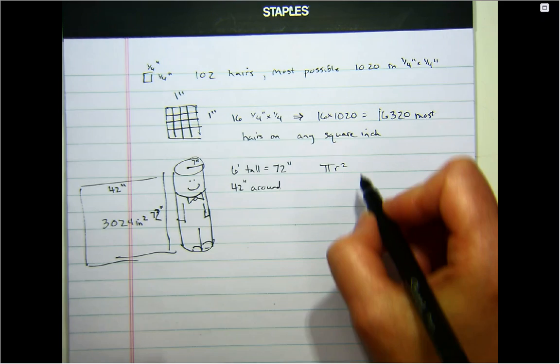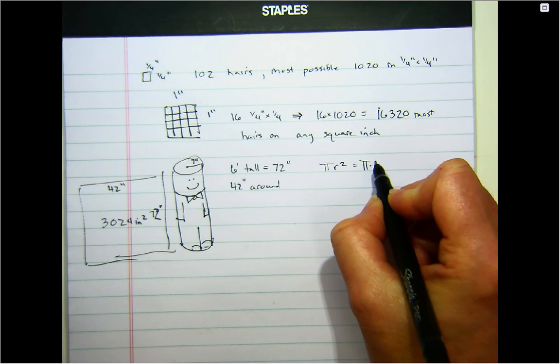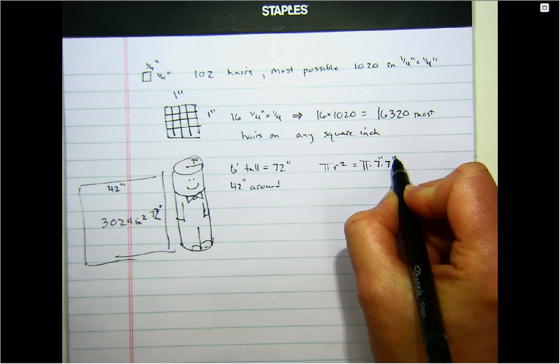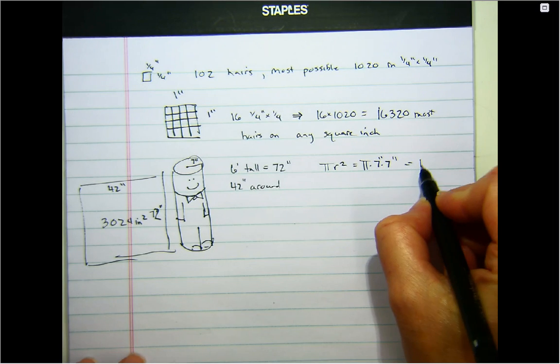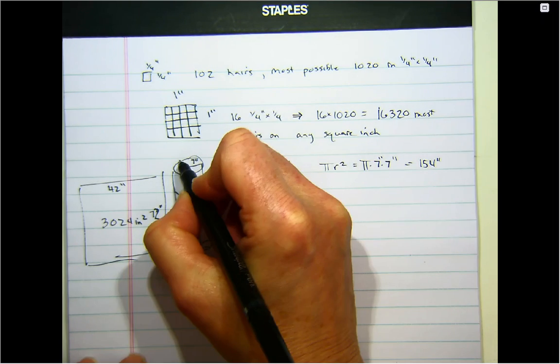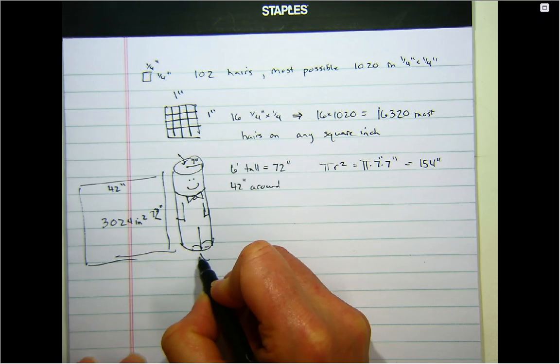Good. So that's 154 square inches. So that'd be the top of Bob's head and then the bottom of his feet.